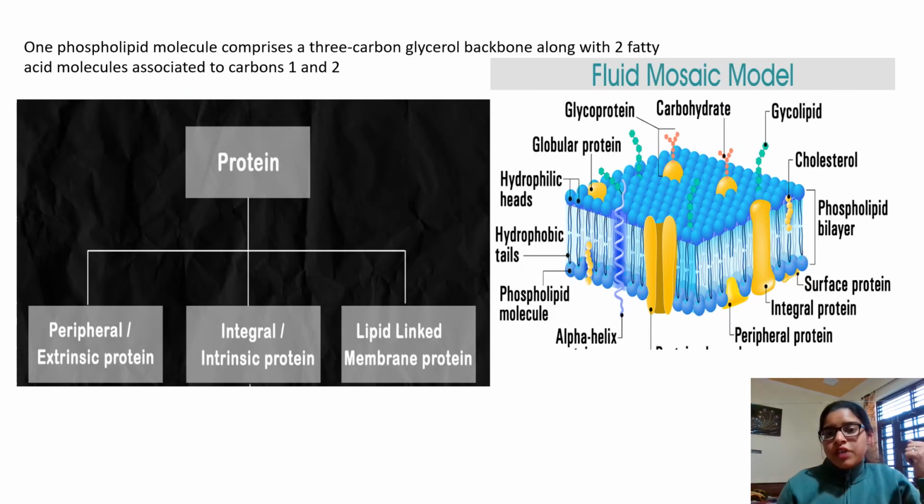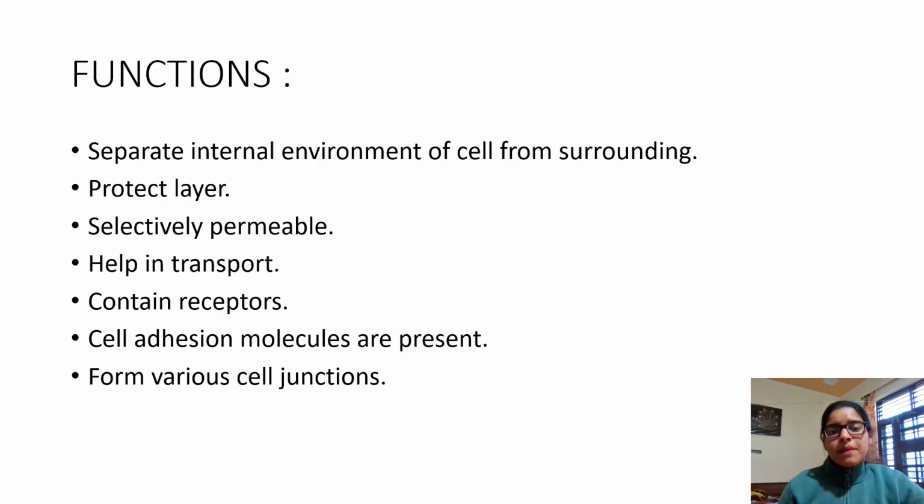So this is the fluid mosaic model which was given by Singer and Nicolson, and in this model they discussed the bilayer structure of the plasma membrane. Here you can see in the diagram why we call it a bilayer: because the lipids are present in two layers. This is one layer, and from there the second layer is there, right? So this was the basic structure of the plasma membrane.